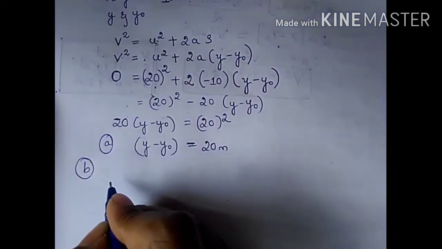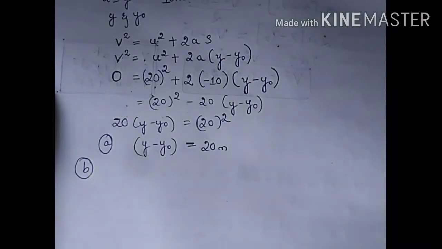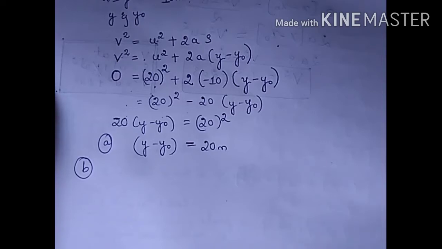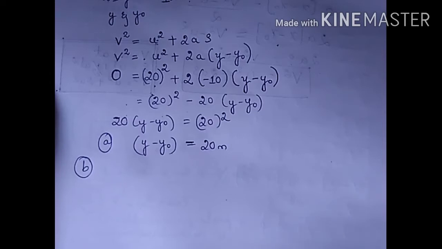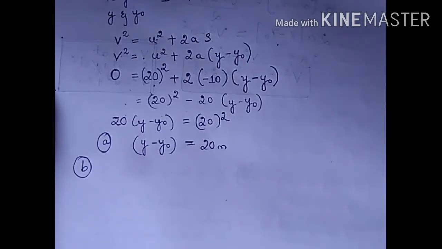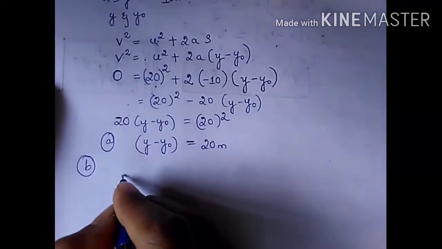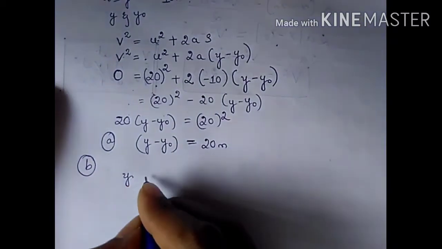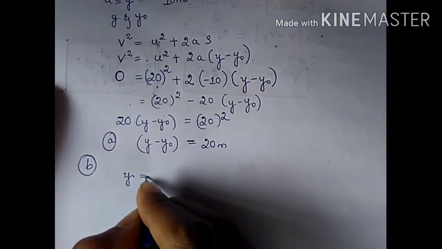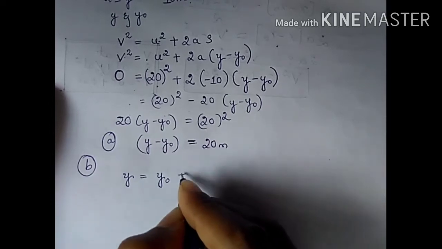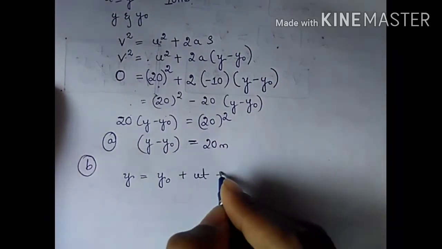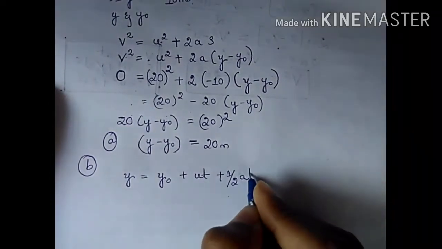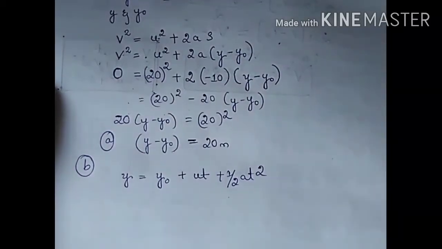In this method, the total time taken can be calculated by noting the coordinates of the initial and final position of the body with respect to the chosen origin and using the equation. We know the initial and final position, so the equation y equals y0 plus ut plus half at square can be used.